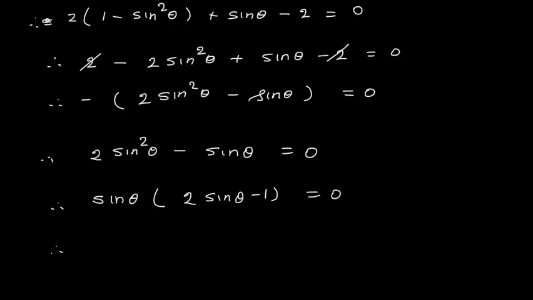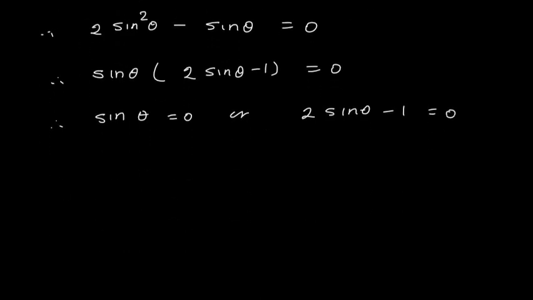So therefore I can say that either sin theta is 0 or 2 sin theta minus 1 is 0. Now sin theta is 0, it implies that this 0 value is for sin 0.